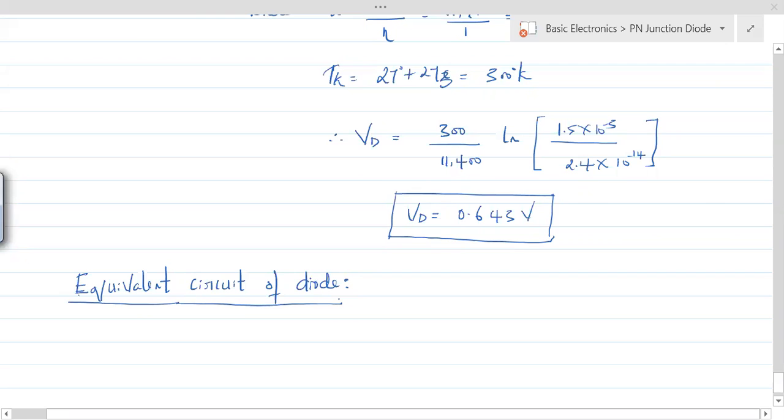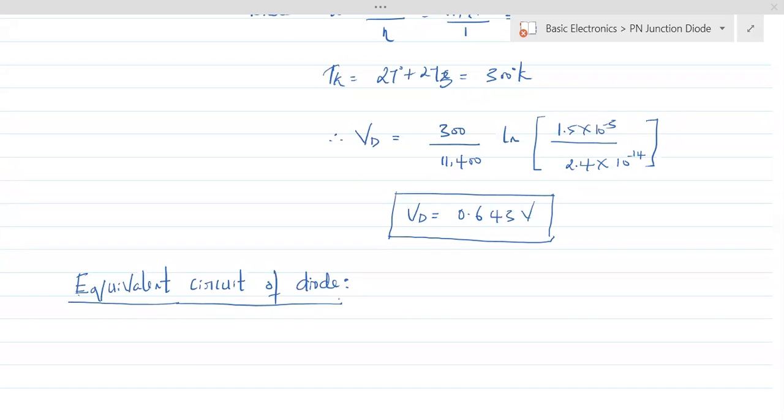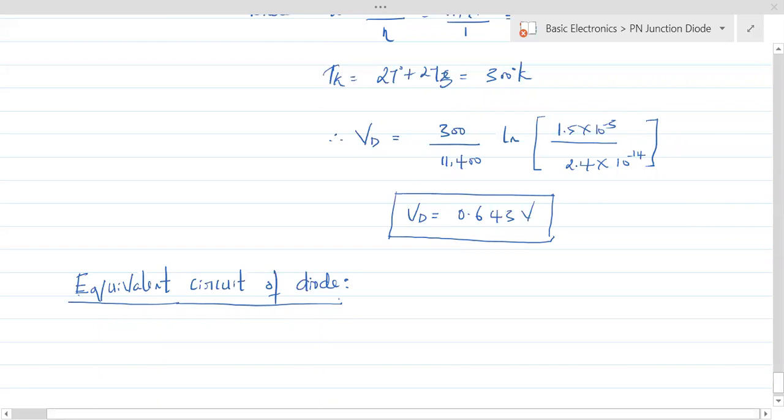If a diode is there, how can you realize that diode? Can you realize the diode as a short circuit, or as an open circuit? Can we do that? Or we have to consider some other parameters of the diode also when it is forward bias, when it is reverse bias. So that is what we are going to learn here.